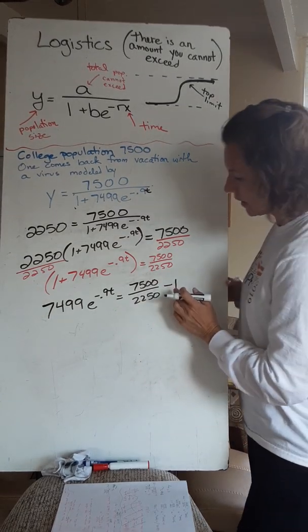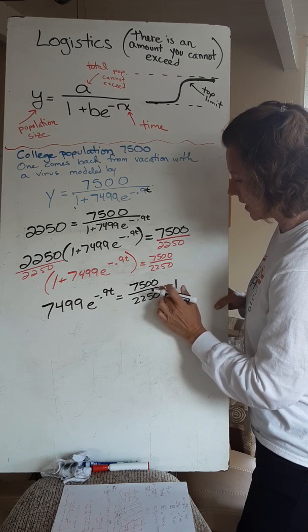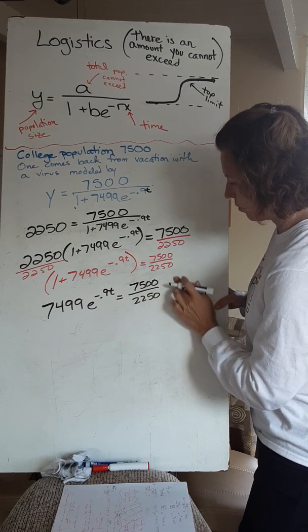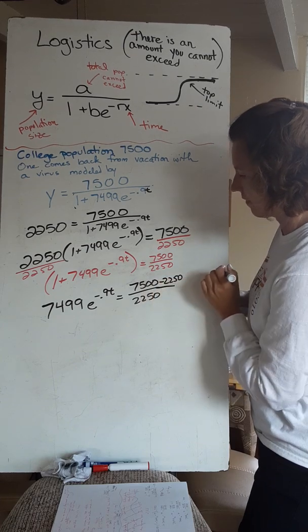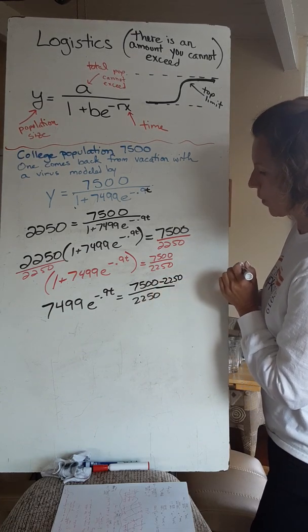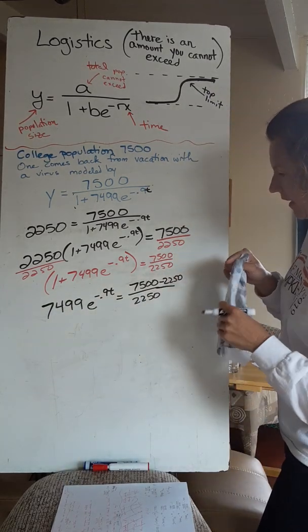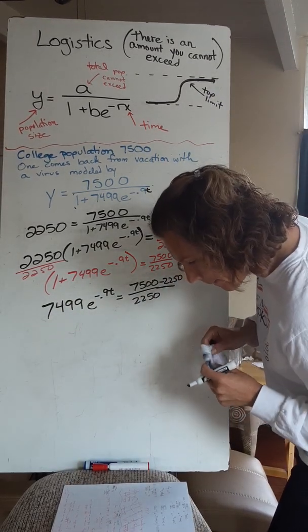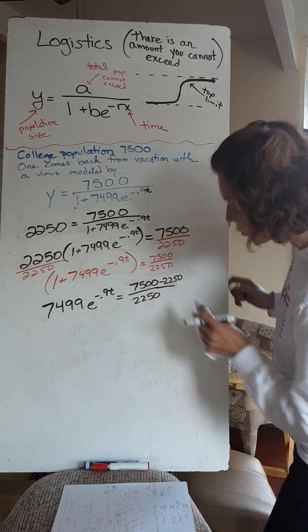That minus 1, we need a common denominator. So that's 2250 over 2250. So I'm just going to do minus 2250 here to save ourselves some space. So once we do this, that gives us 5,250.